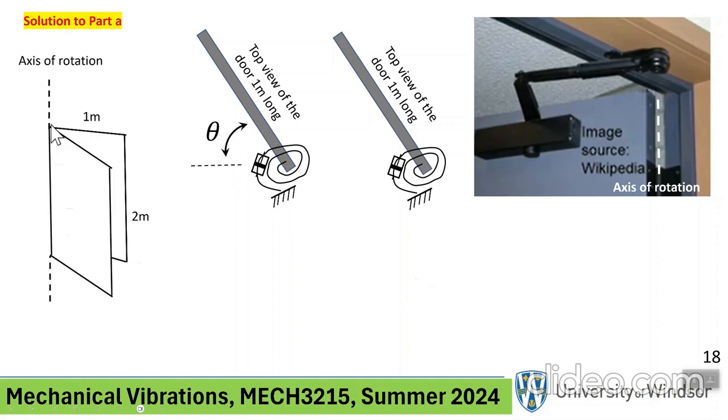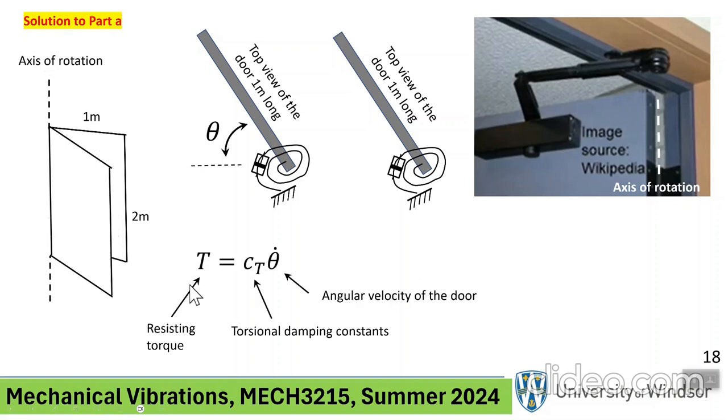Now, here's the situation. This is the axis of rotation, 1 meter wide, 2 meter high, and we were told that the mass moment of inertia through the centroid, not through the axis of rotation, but through the centroid, which is exactly halfway between these two vertical edges, is some number, 7.5.